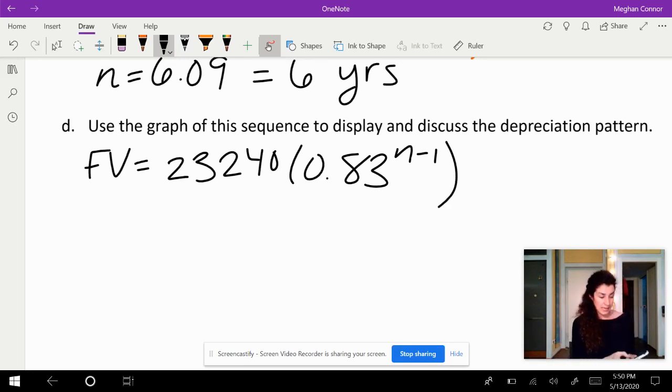I'm going to go ahead and graph that on my calculator. Remember that the variable is in the exponent, which means that it is an exponential equation. Remember that idea of something growing exponentially when we were talking about functions and models, where it all of a sudden shoots up.